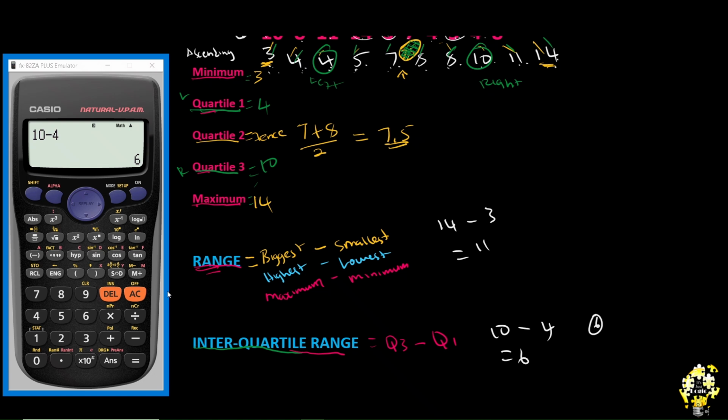You cannot calculate interquartile range before you have calculated all the quartiles. Why am I saying all the quartiles but the formula says Q3 minus Q1? It's simple. By now you know you can't calculate Q1 and Q3 before Q2. So that makes sense. That is just about that for 5-number summary and also the measures of spread.